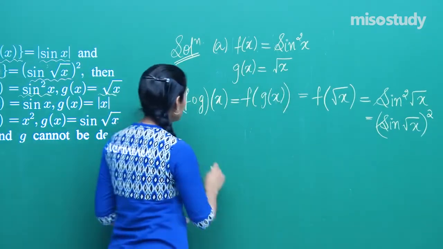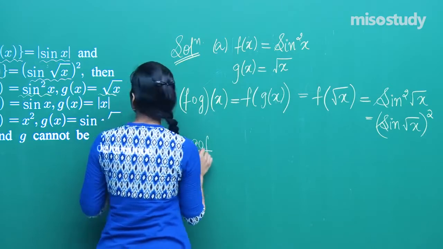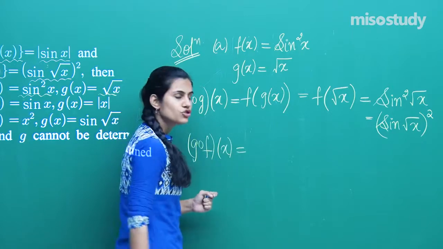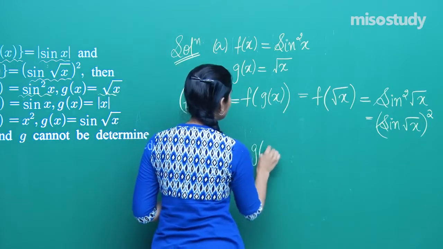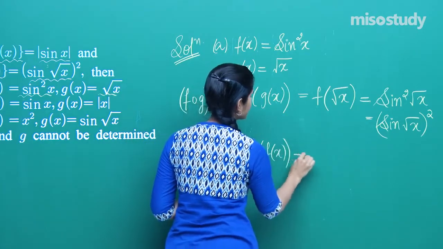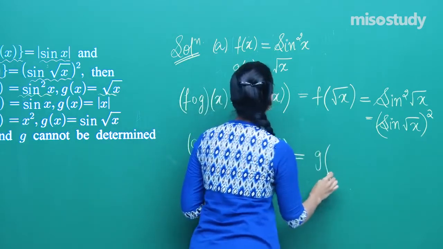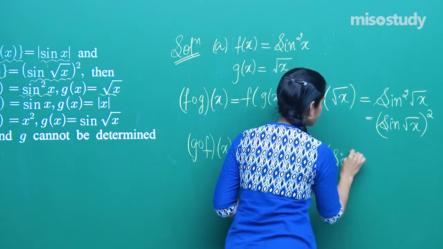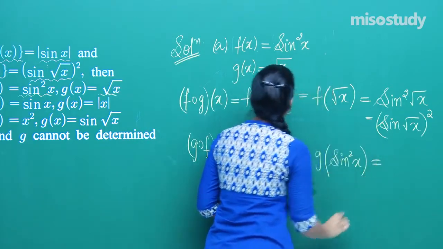Let's see if GOF is coming out to be mod of sine x or not. GOF of x is nothing but g of f of x, and what is f of x? It is sine square x. And what is g doing?